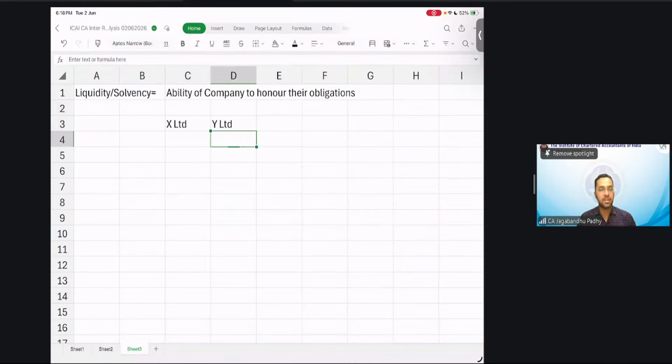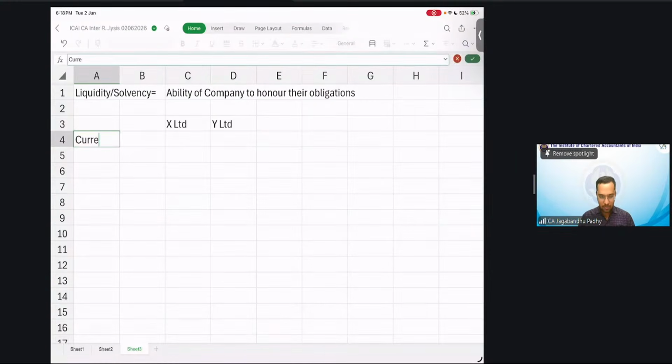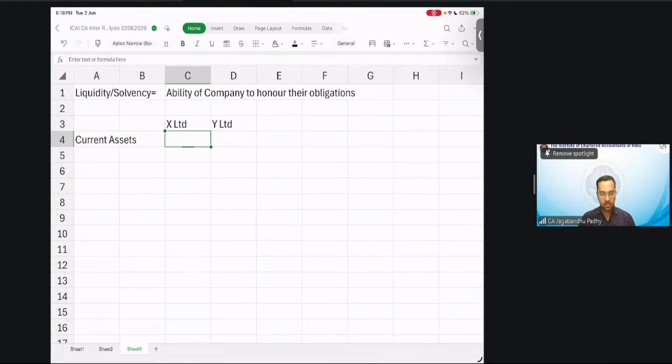Now let us consider two companies, guys. One company is having, let's say, current assets. X Limited is having current assets of 1 lakh. Y Limited is having current assets of 10 lakh.